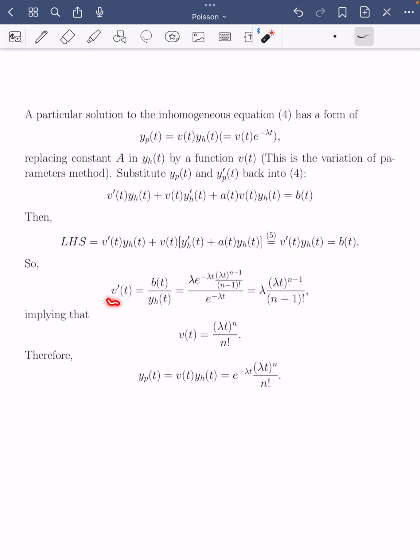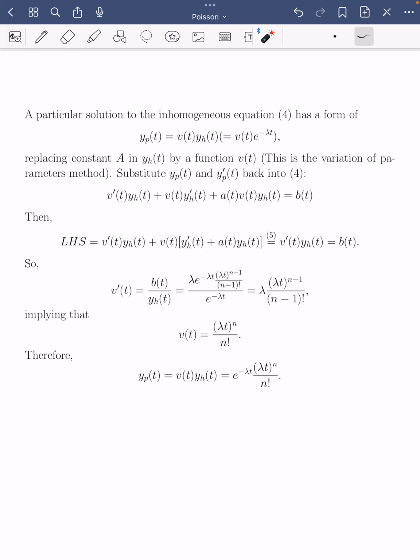So this derivative of v(t) is just equal to b(t) over this y_h(t). Now we plug in b(t) back, which is equal to whatever this is, and y_h(t) is equal to e to the negative lambda t. So this is equal to lambda times this. So this implies that v(t) is just equal to (lambda t) to the power n over n factorial.